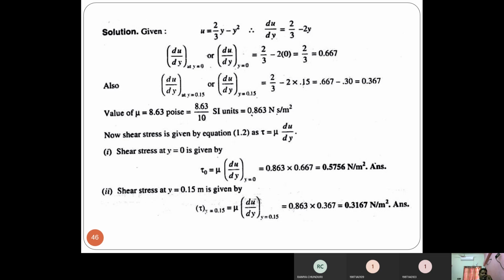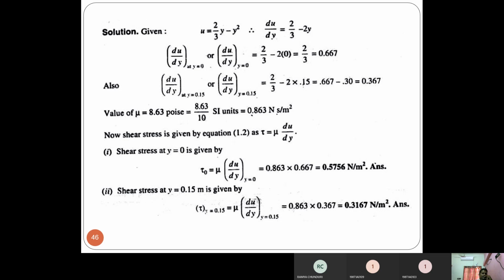If you simplify it, we will get 0.863 Newton second per meter square. Now, what is the shear stress expression? Tau is equal to mu into du by dy. Take the tau expression. At y equal to 0, tau naught is equal to mu into du by dy at y equal to 0.